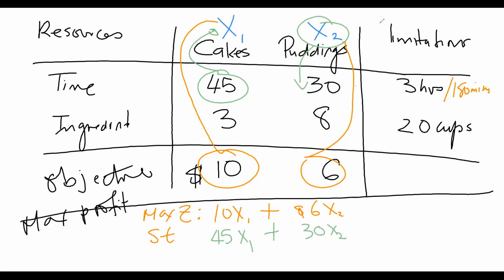And you have at most 180 minutes. Do you see that? Less than or equal to tells you that you can use less than the 3 hours, but the most you can use is 3 hours. Are we together?